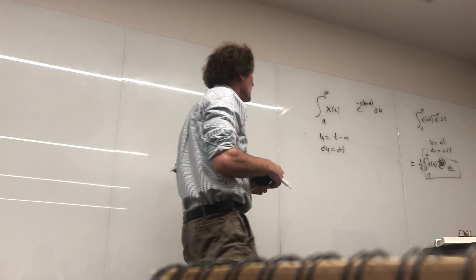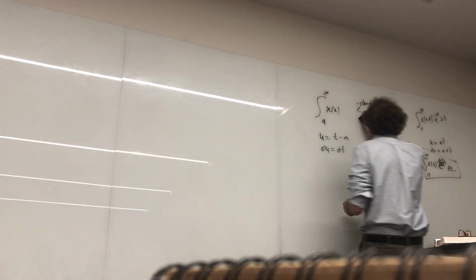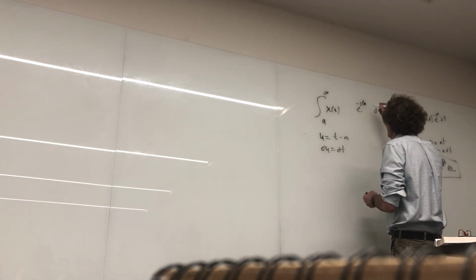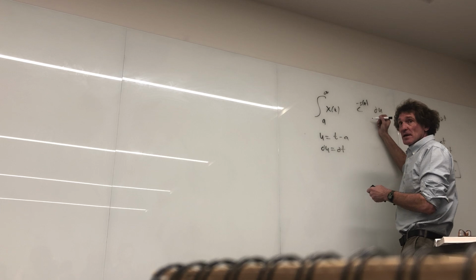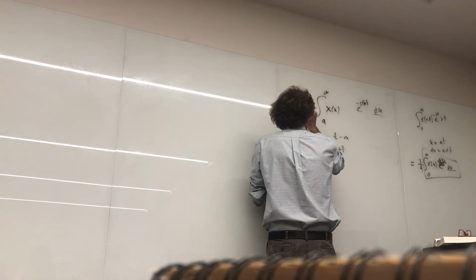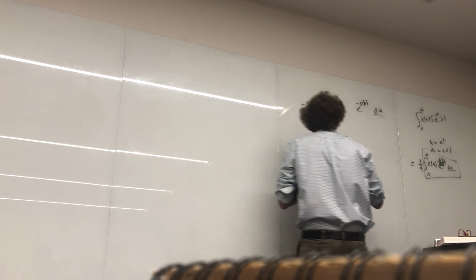Now, here, when you look at this, I can break this up into e to the minus su times e to the minus sa. Correct, class? You'll notice the integral is with u, so I can take e to the minus sa out in front.